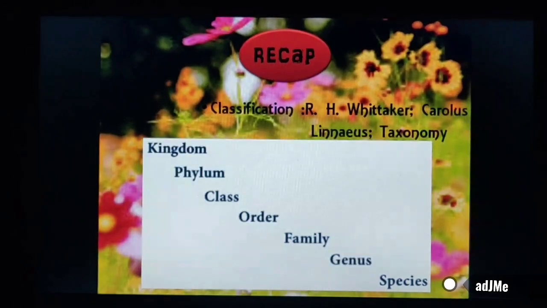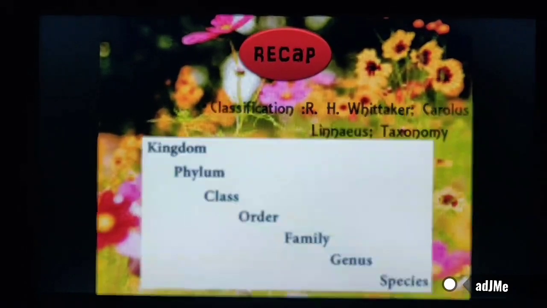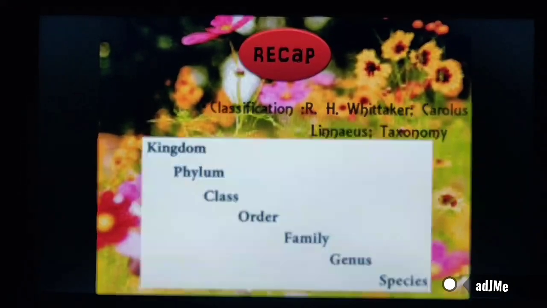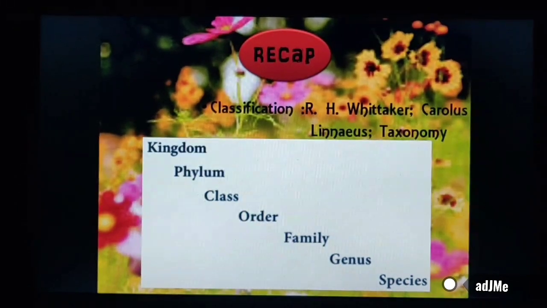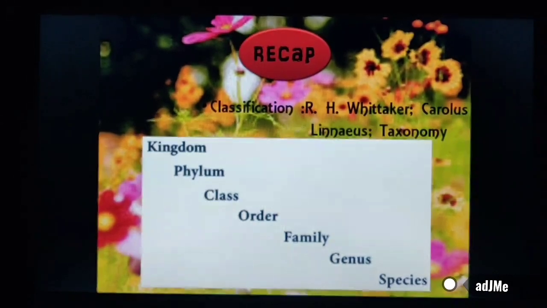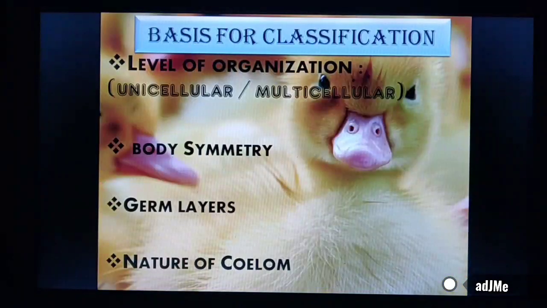We also learned about the study of classification, that is taxonomy. Then we learned about the hierarchy of classification, which starts with kingdom, phylum, class, order, family, genus and species. So the largest hierarchy is kingdom and the smallest hierarchy is species.